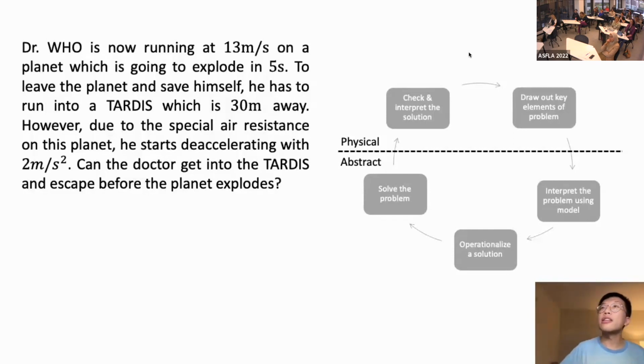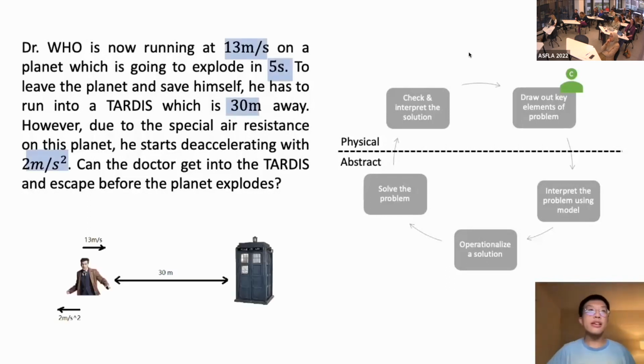At the very beginning, Carol, who is good at qualitative analysis, comes out, reads the problem, and draws the key elements of the problem, and then he and Banqiao draw the Doctor Who and TARDIS and label the key information on a graph.